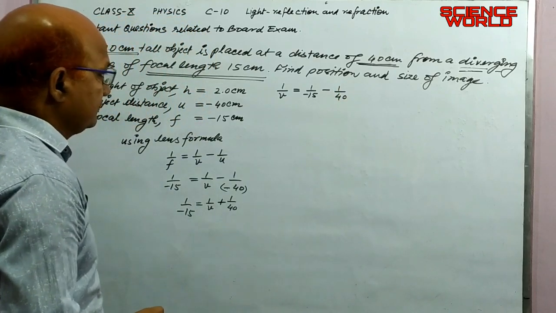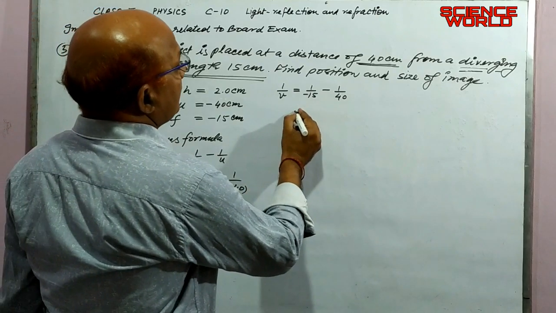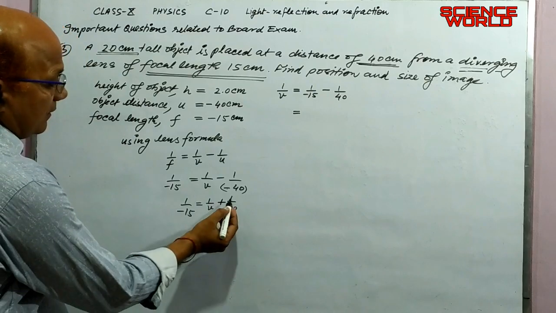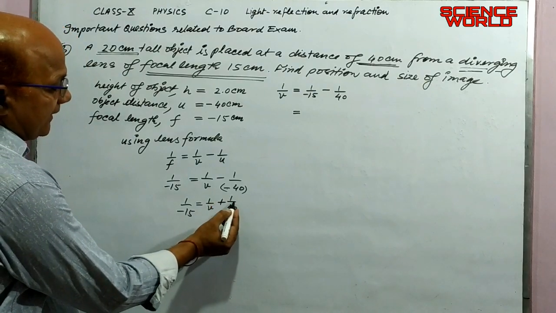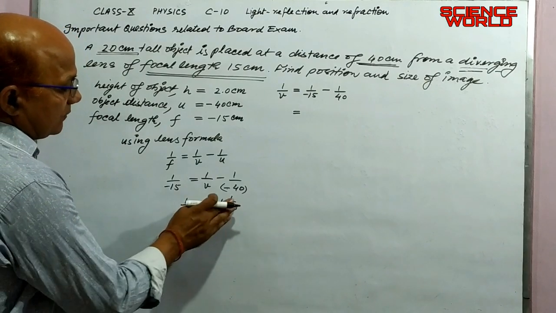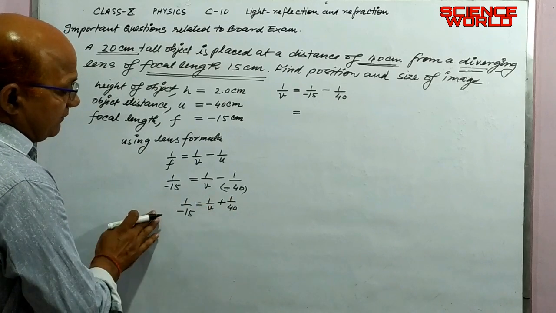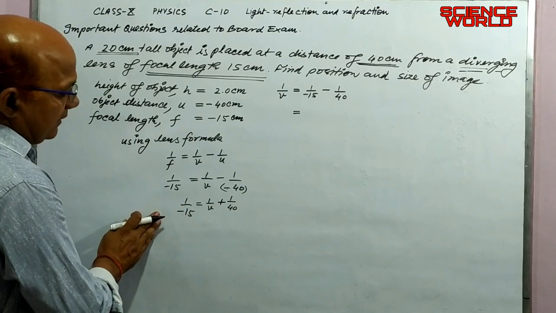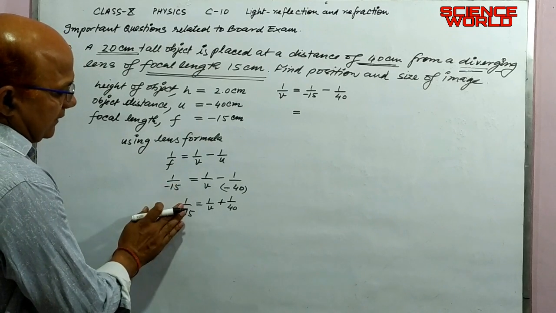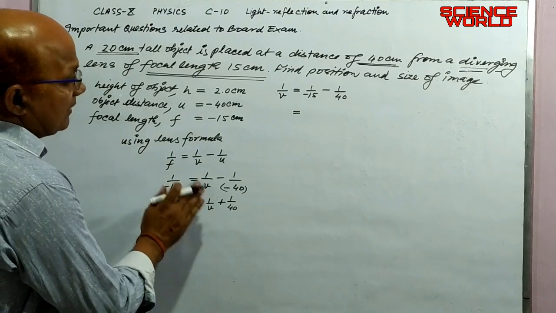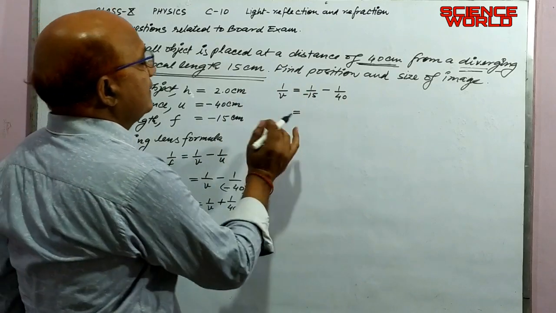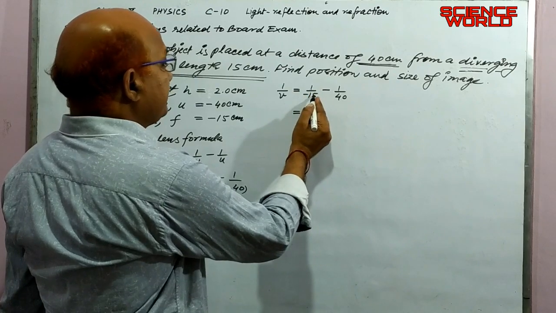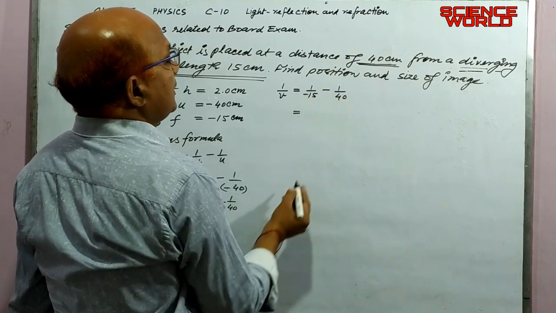Now, transfer this value in the left side, so it will become minus 1 by 40. So, minus 1 by 15 and minus 1 by 40 is equal to 1 upon v.